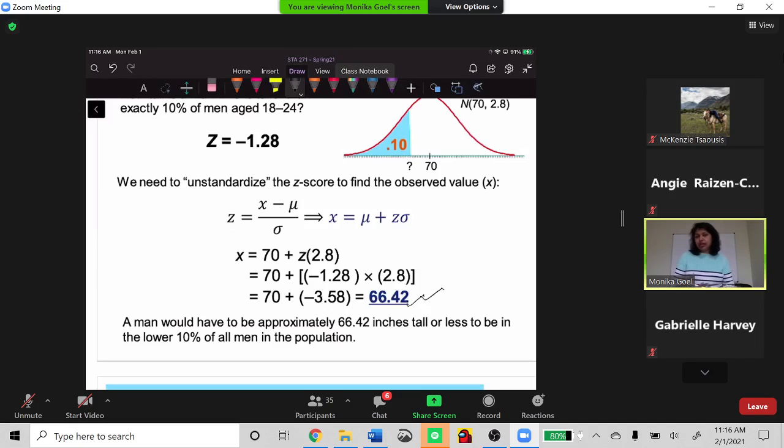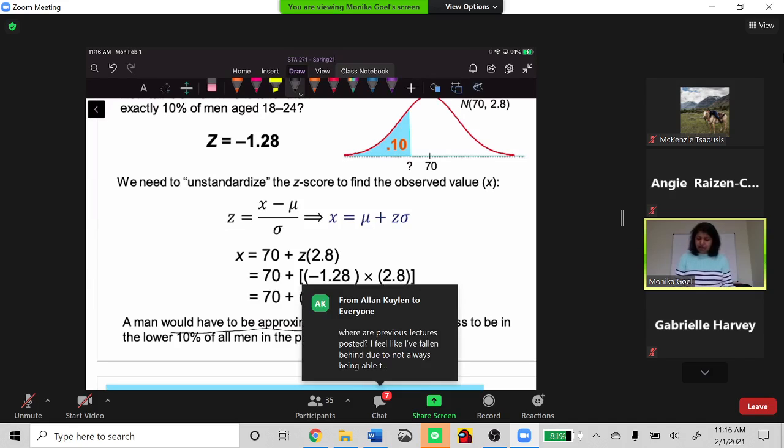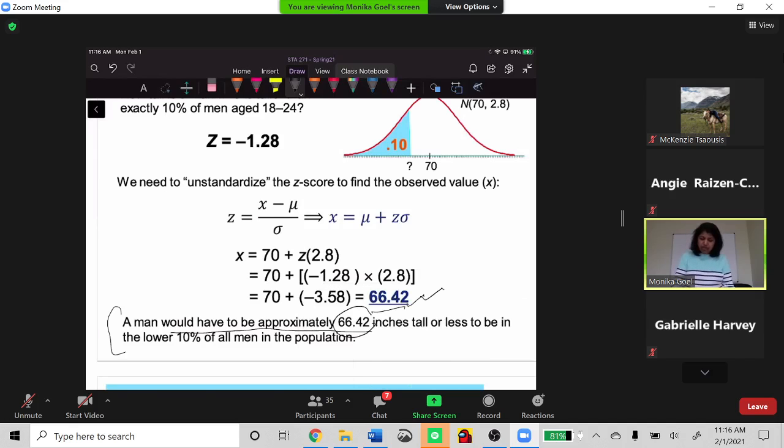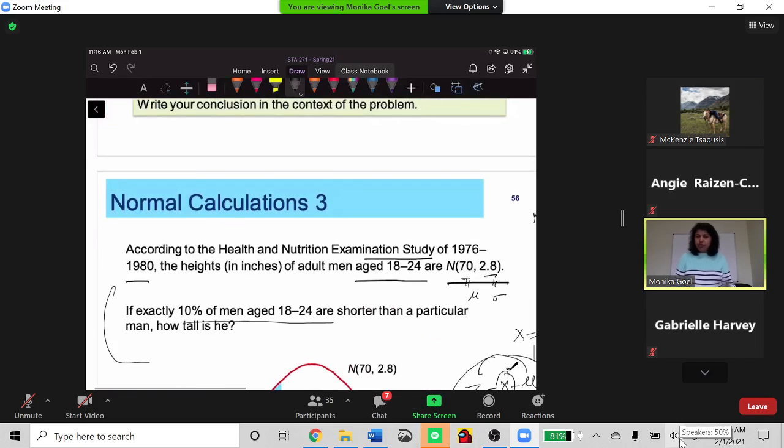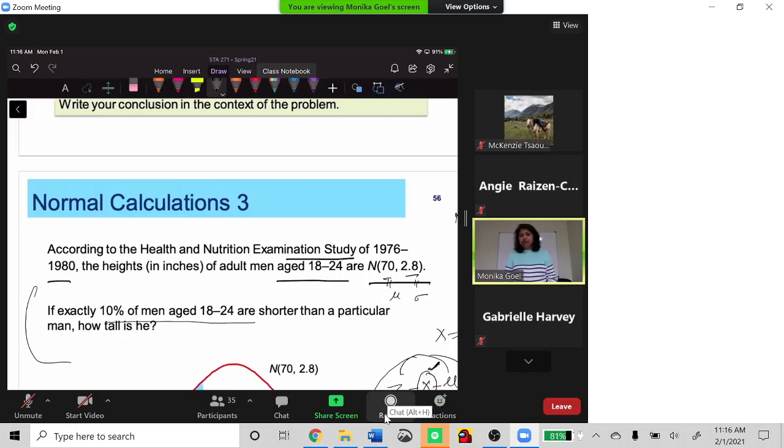You know statistics, I know statistics, but if we are explaining it to somebody, what does this 66.42 mean when that person does not know statistics? So go back to your question and see what is given to you in the question and write that. A man would have to be approximately this many inches tall or less to be in the lower 10% of all men in the population. This comes from your question here, so you are just using the information that is provided to you in the question.